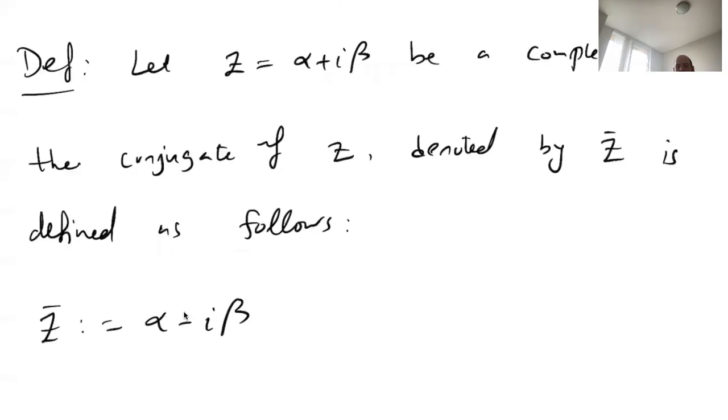So the conjugate of a complex number is found easily. We just need to change i to minus i, and then the new complex number is called the conjugate of the original complex number.